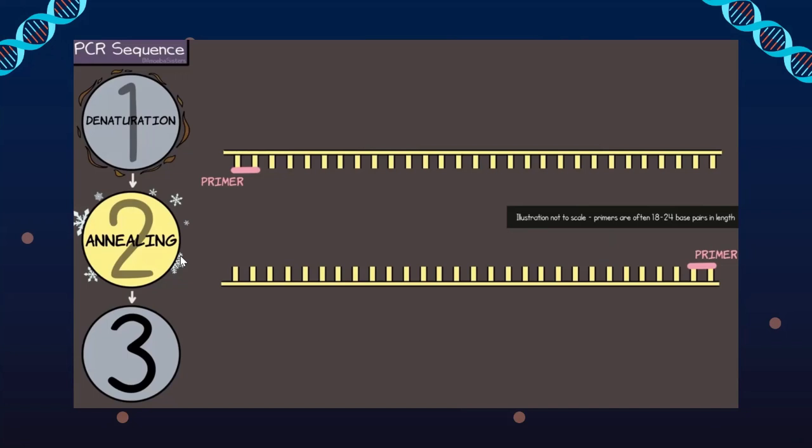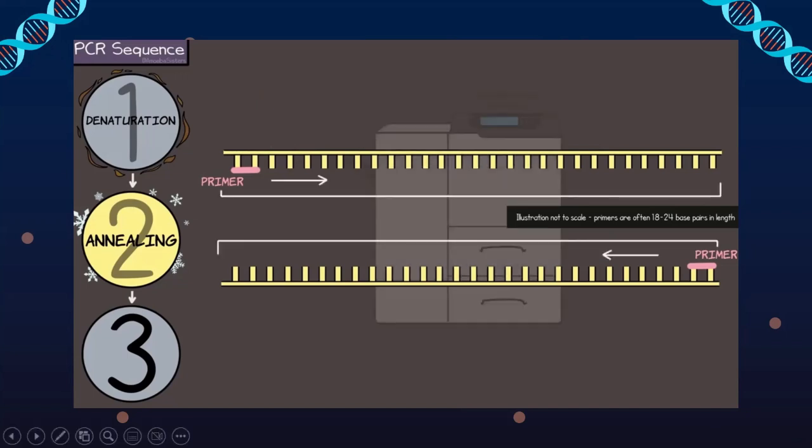Kung mapapansin po natin yung primers dito, nag-bind na siya dun sa end ng ating separated na DNA. The temperature for this step should allow the primers to bind to a specific segment of the DNA that we wanted to amplify, which actually means that gagawa na tayo ng mga copies nito.